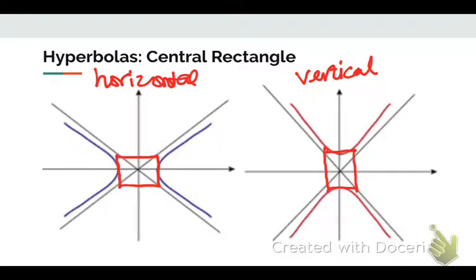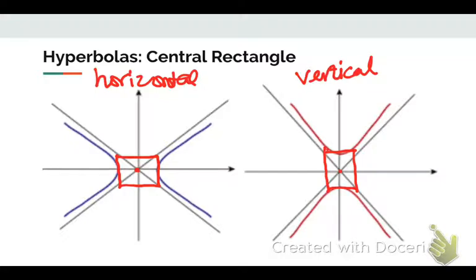So every hyperbola has a center point. It's actually where these lines intersect here in the middle. Our central rectangle comes from our a and b values. Whatever is with your x squared value is going to move you horizontally along the axis. Whatever is with your y value is going to move you vertically along that axis.